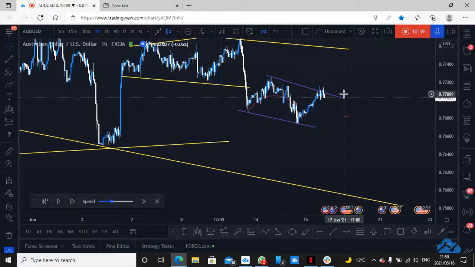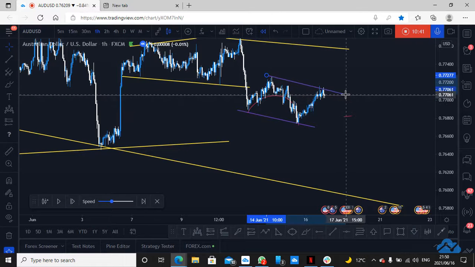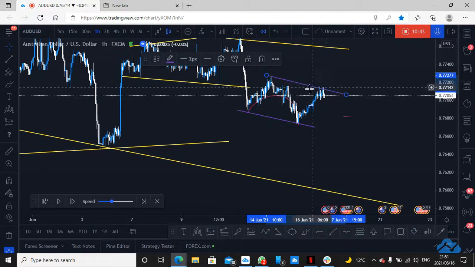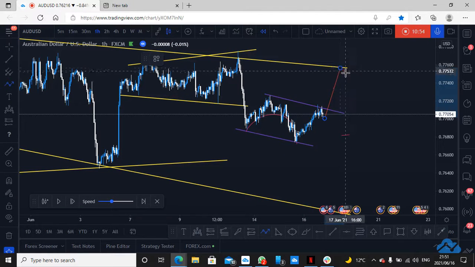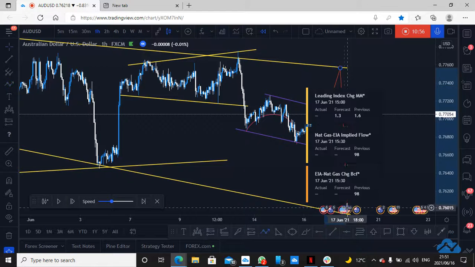After I saw that we closed and broke above, obviously catching people on the wrong side, those that are thinking this is going to break to the upside, coming to test these levels here. Obviously, if it breaks there, coming to test these levels, from there price can drop, right?